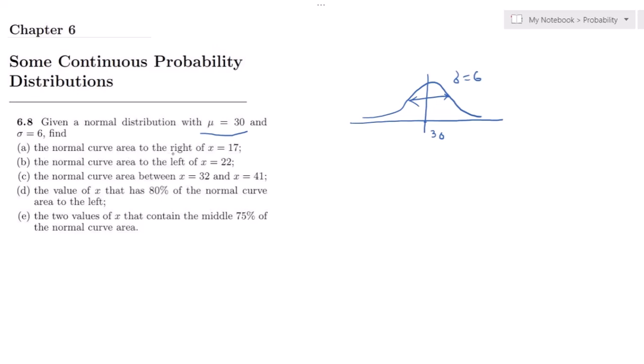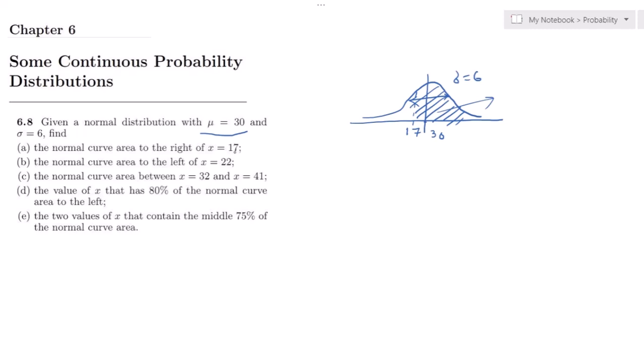The normal curve area to the right of x equal to 17. Let me have 17 here, and we want to find out all of this area.